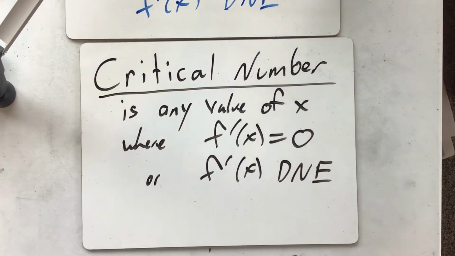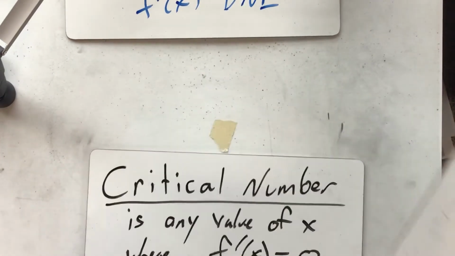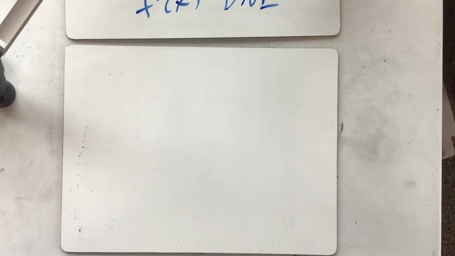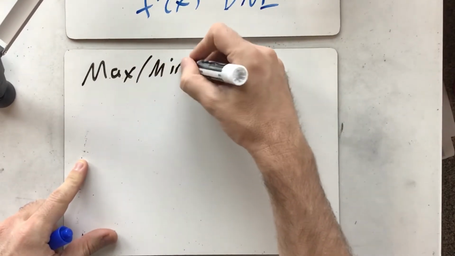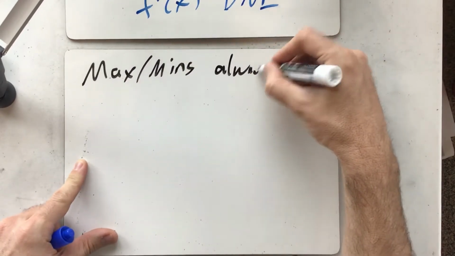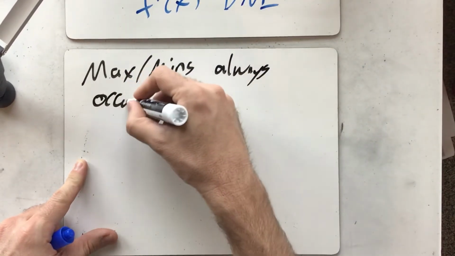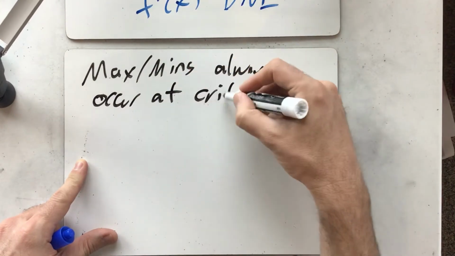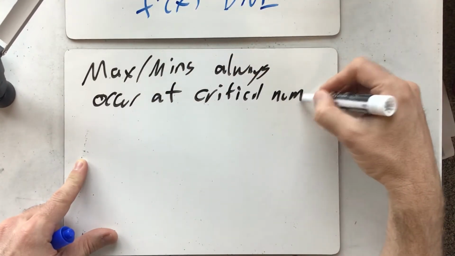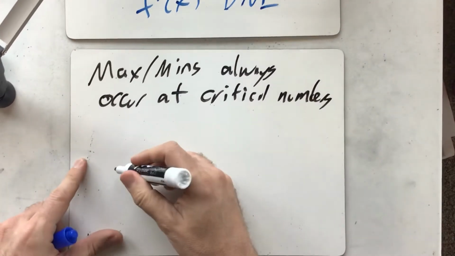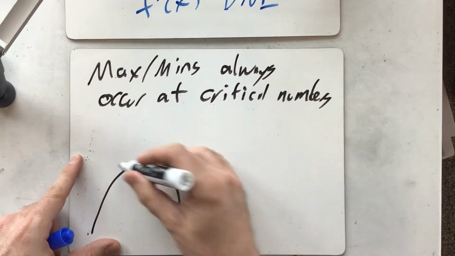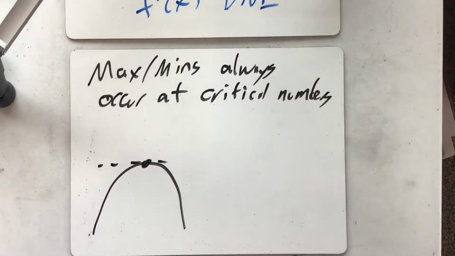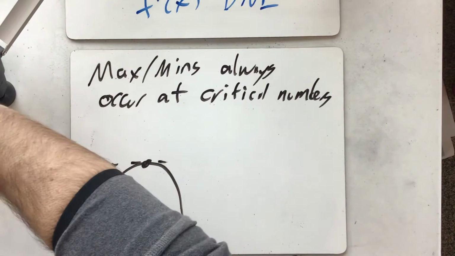Now I want to make a really important observation, and that is that we know one thing is true: maximums and minimums always occur at critical numbers. So let's think about that. If I have a picture that looks like this, then at that maximum the derivative has to be either 0 or not exist.